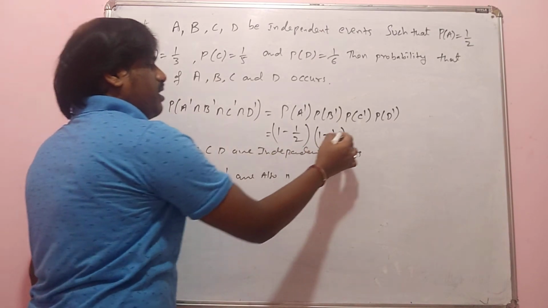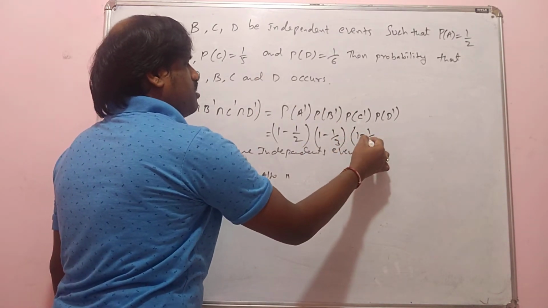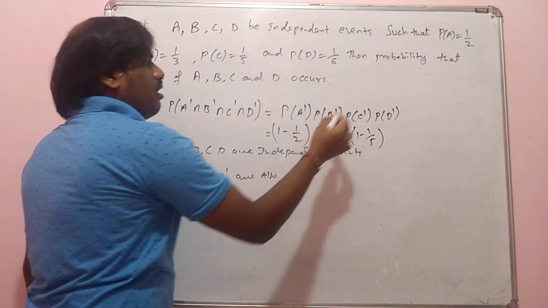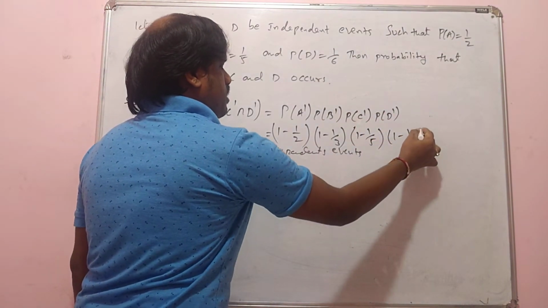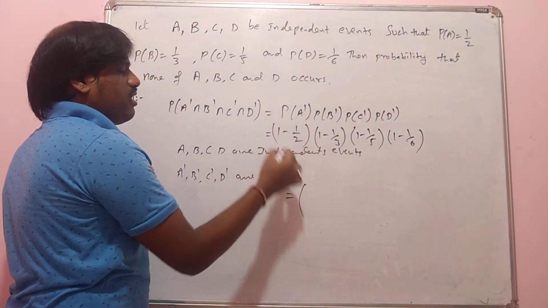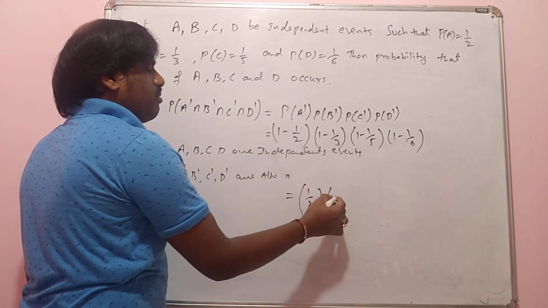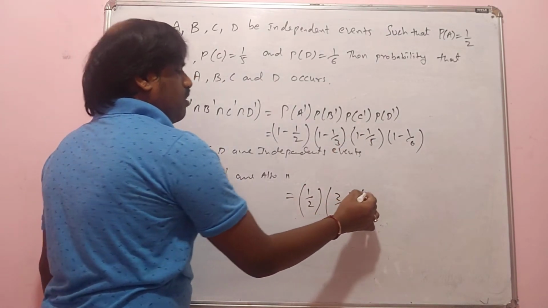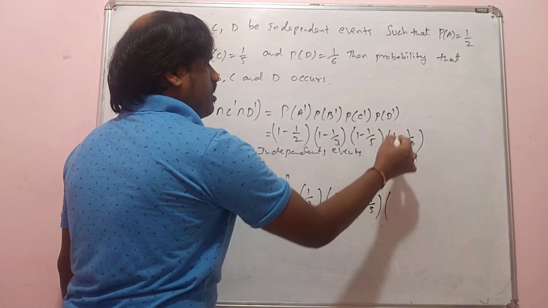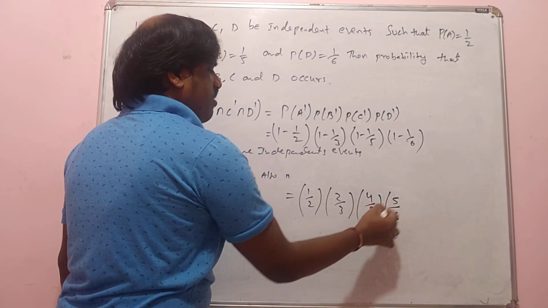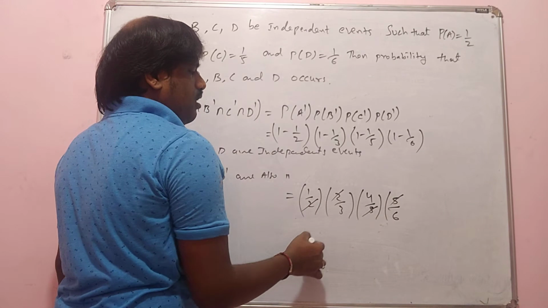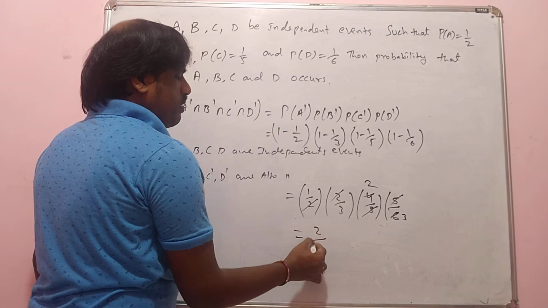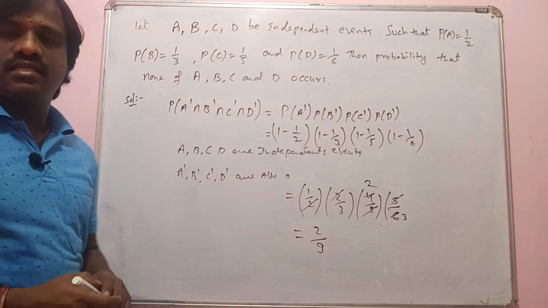Probability of C is 1/5, so probability of C dash is 1 minus 1/5. Probability of D is 1/6, so probability of D dash is 1 minus 1/6. So 1 minus 1/2 is 1/2, 1 minus 1/3 is 2/3, 1 minus 1/5 is 4/5, and 1 minus 1/6 is 5/6. The 5s get cancelled, the 2s get cancelled, and the 3s get cancelled. So the answer is 1/9... this is the probability answer.